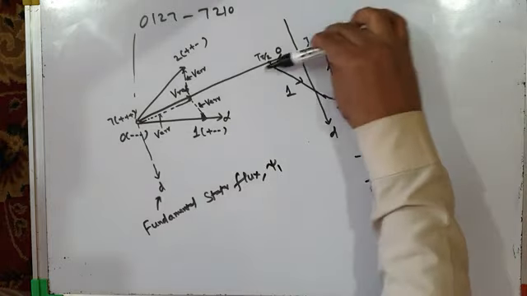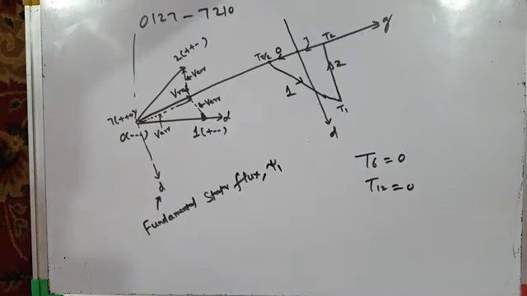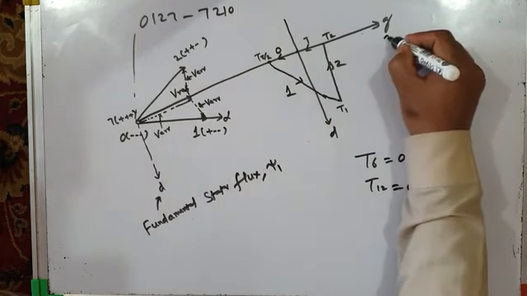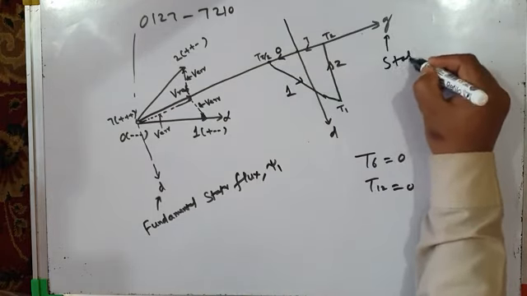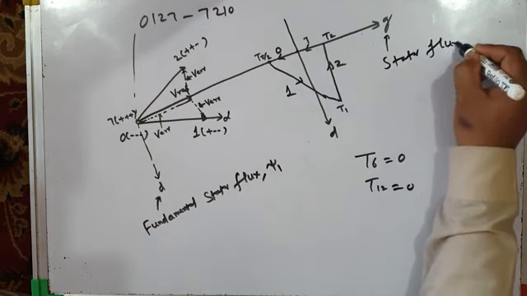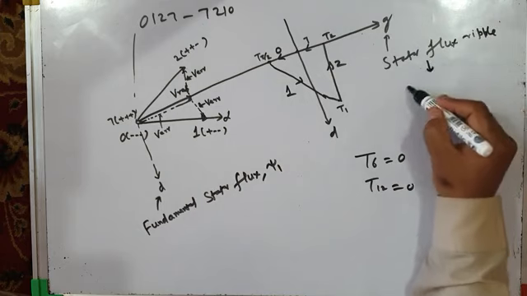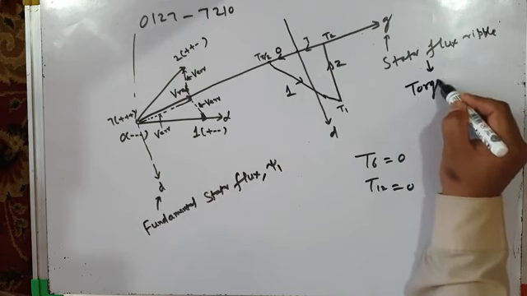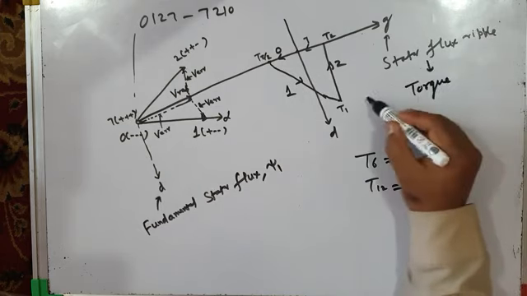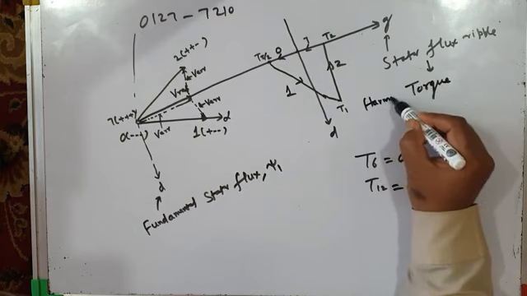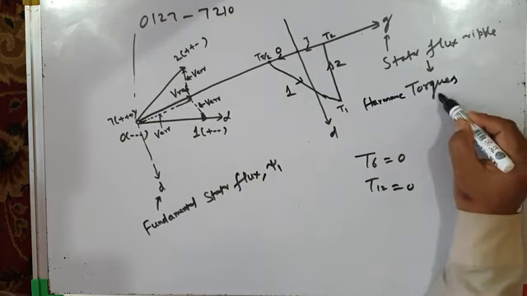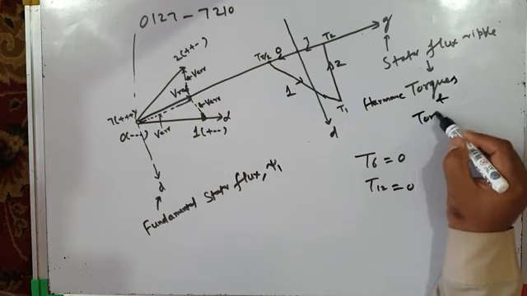And along q-axis, what is aligned is stator flux ripple, which is responsible for producing harmonic torques, and hence torque ripple.